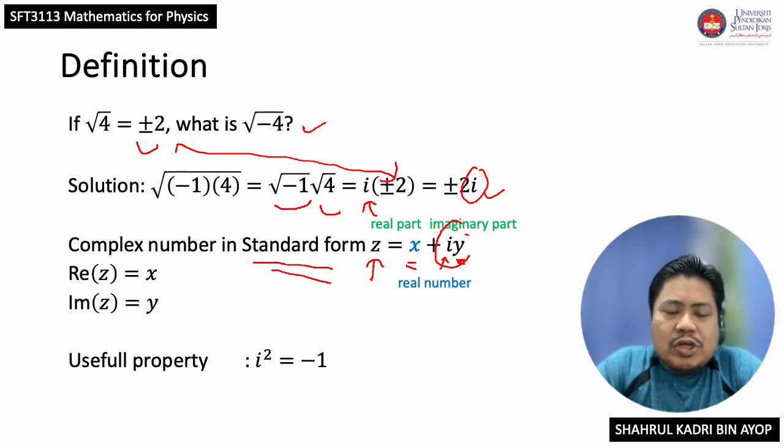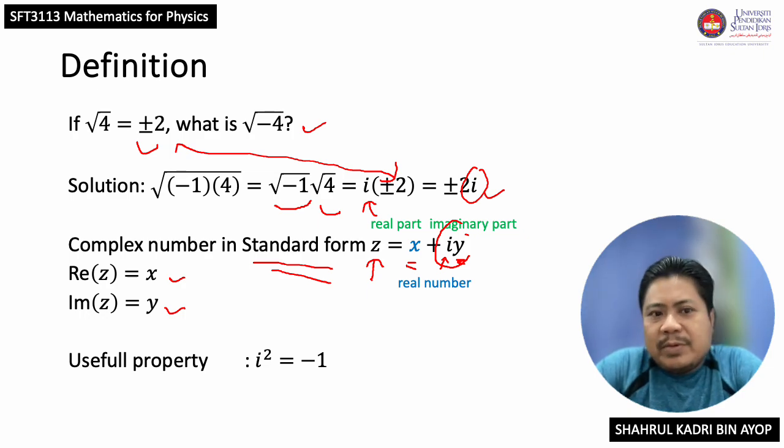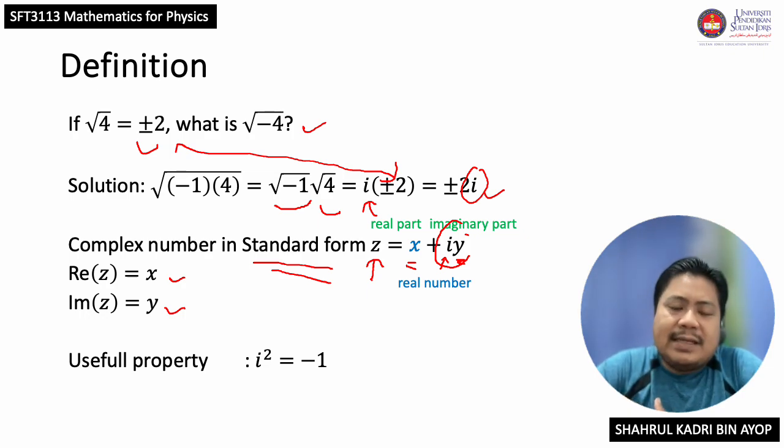So the real part of the complex number z is x, and the imaginary part of z is y. A useful property which can help us in operations involving complex numbers is i squared equal to minus 1, or actually it comes from this identity.